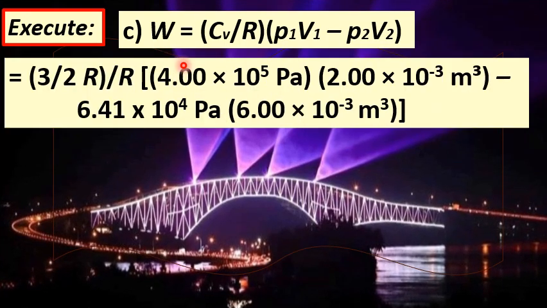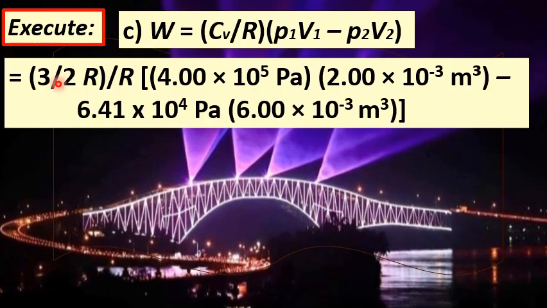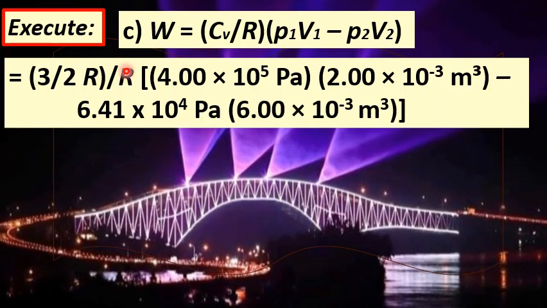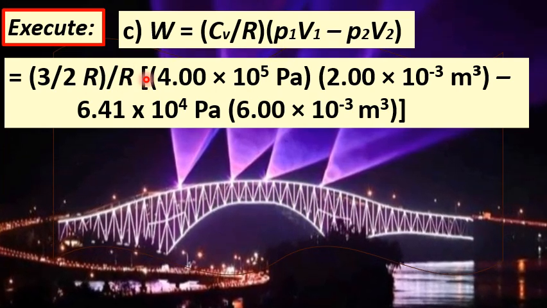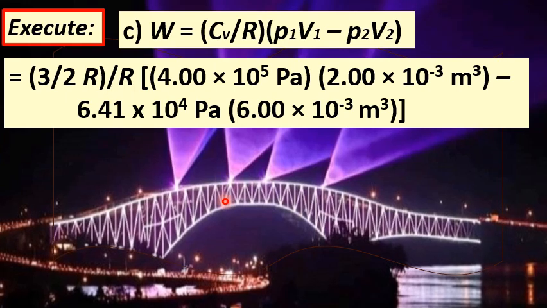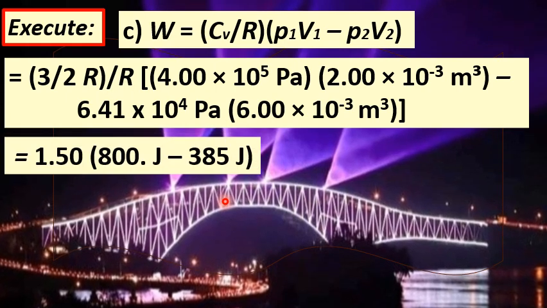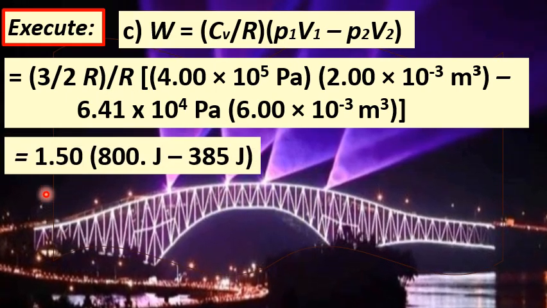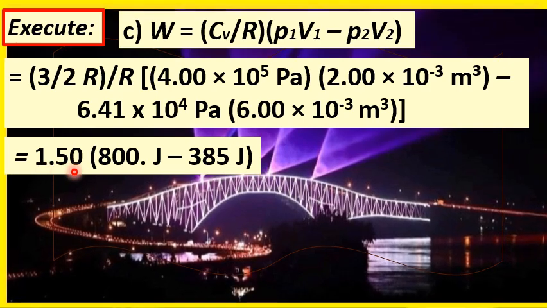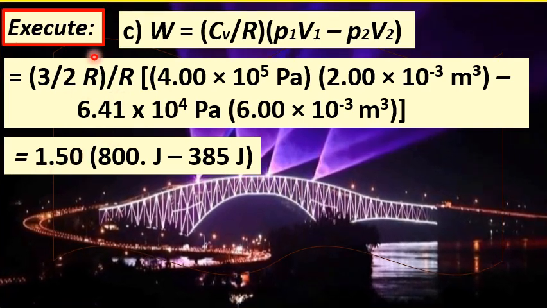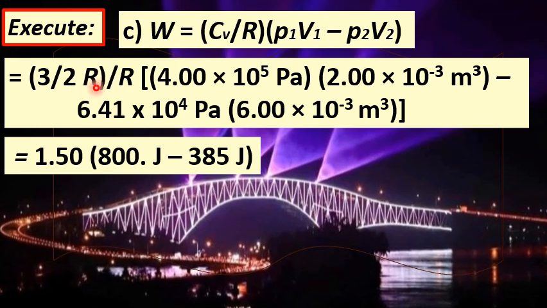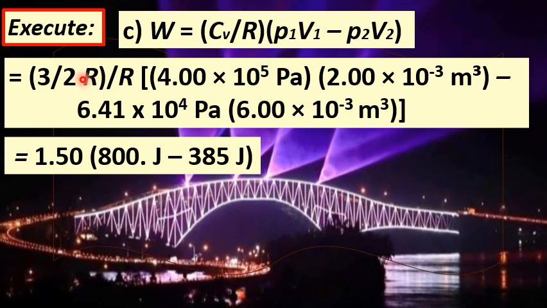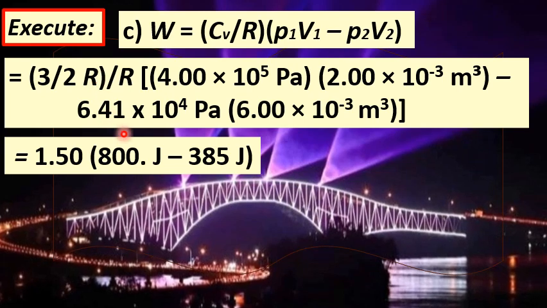That is 3 halves times big R divided by the same big R, and the result is the number 1.50, or 3 halves, because the constant capital R cancels out.